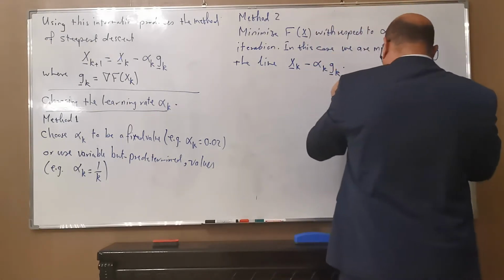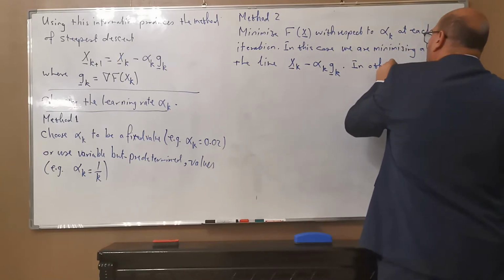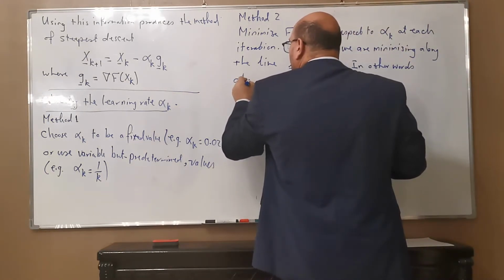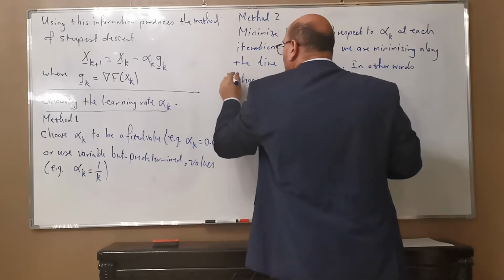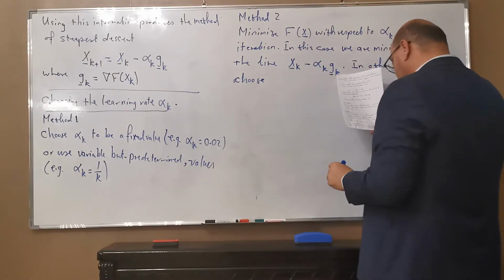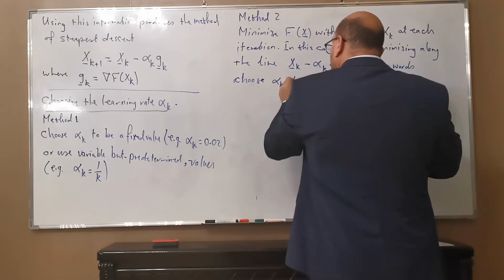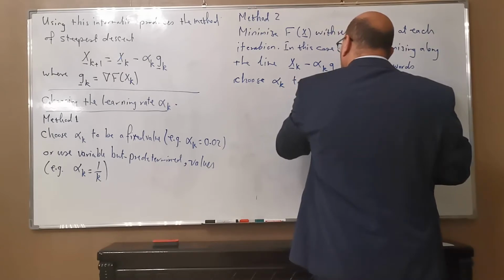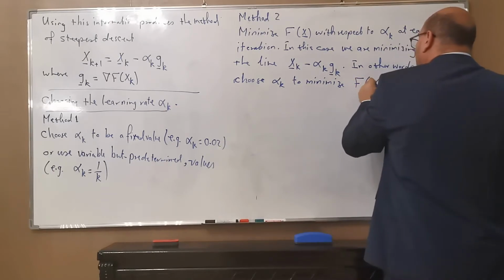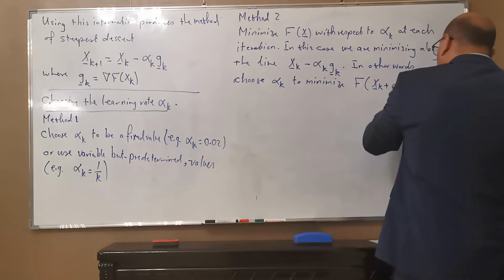In other words, choose alpha k to minimize f of xk plus alpha k pk.